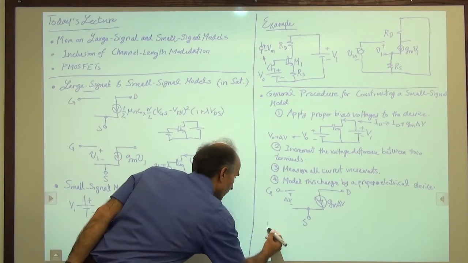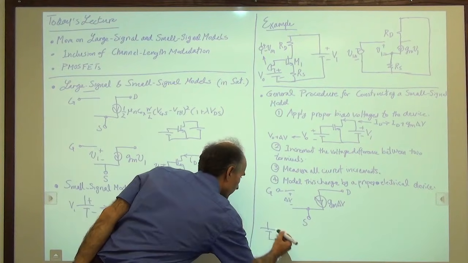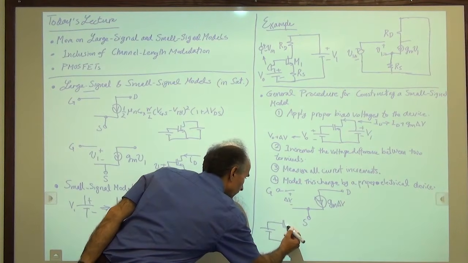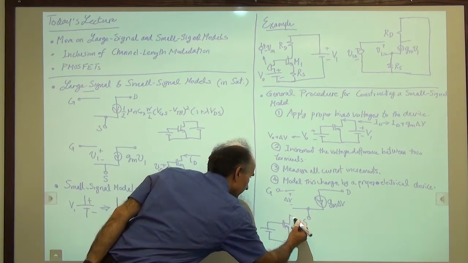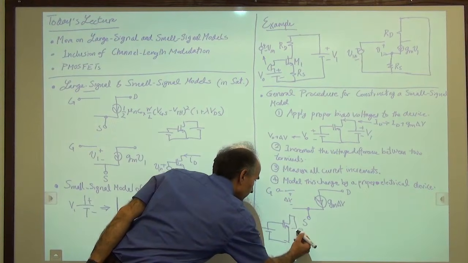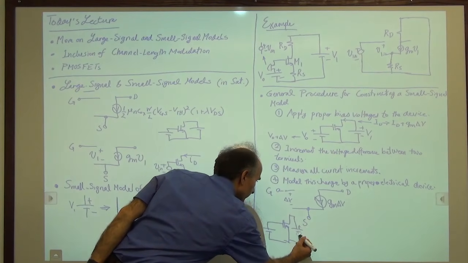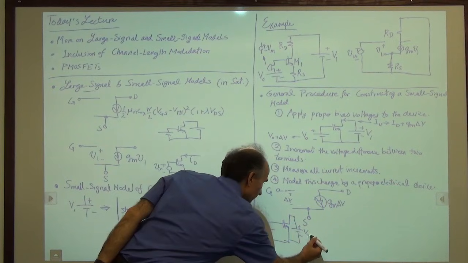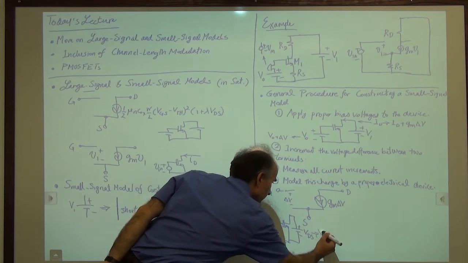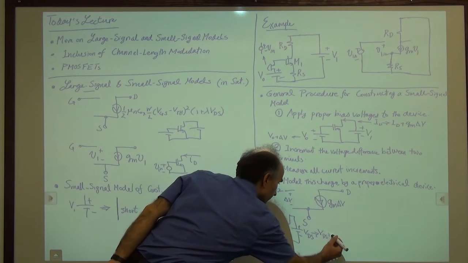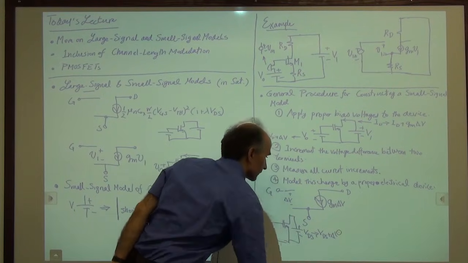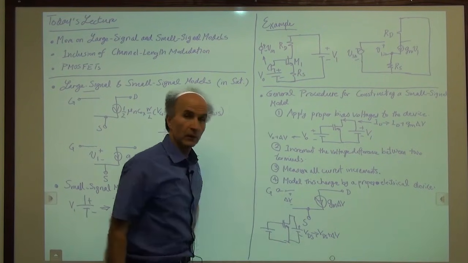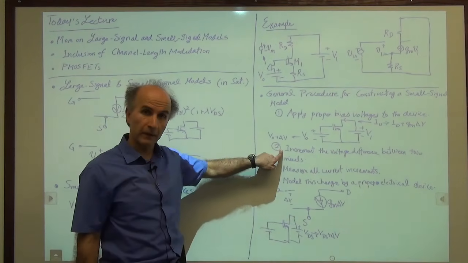Here's the situation. I have a MOS device with a constant gate source voltage, but now I go ahead and increment the drain source voltage. So this used to be VDS. Now it becomes VDS plus delta V, according to this step here.